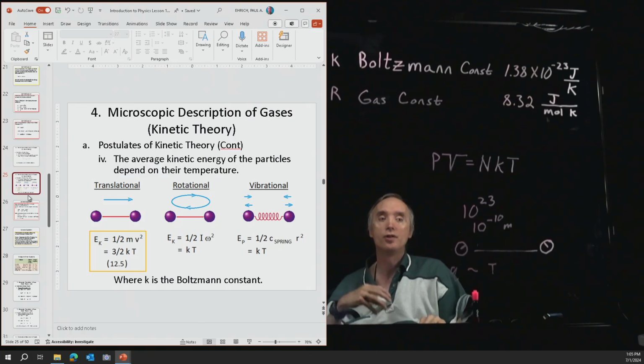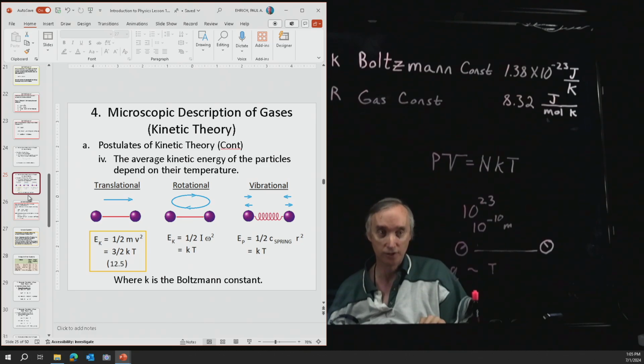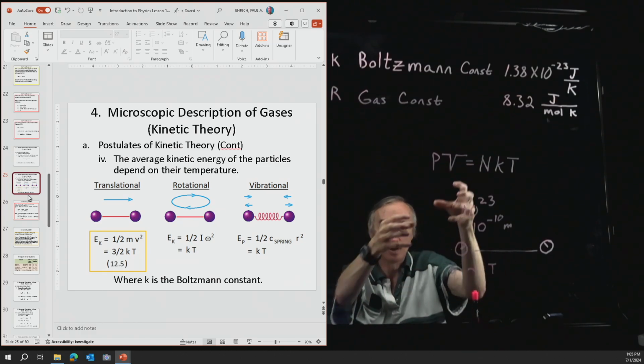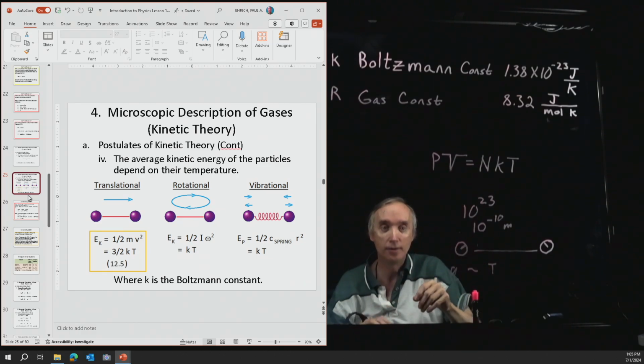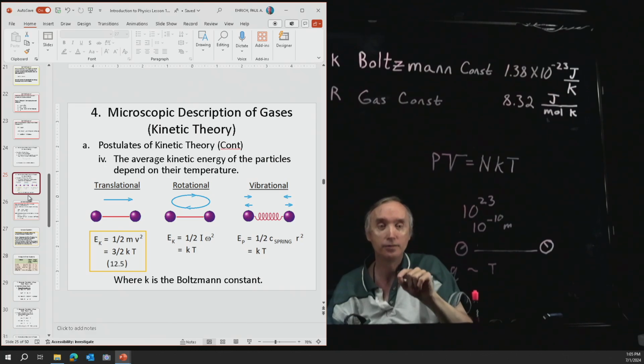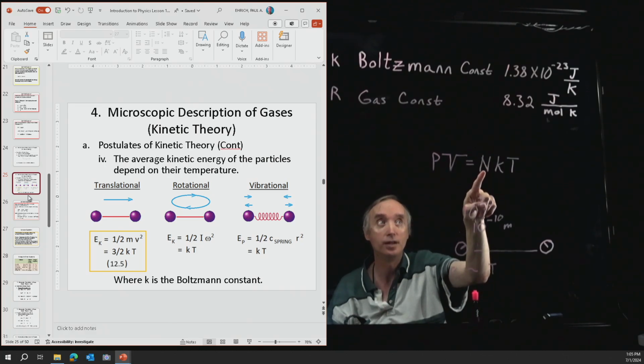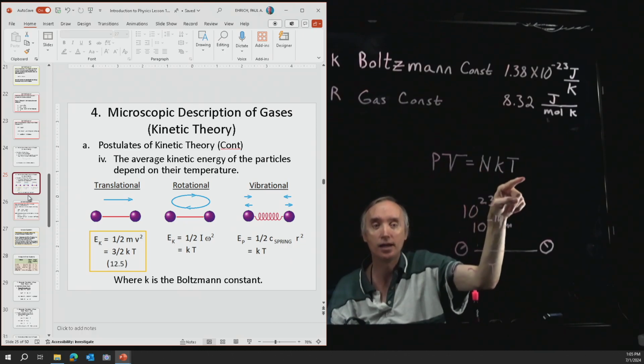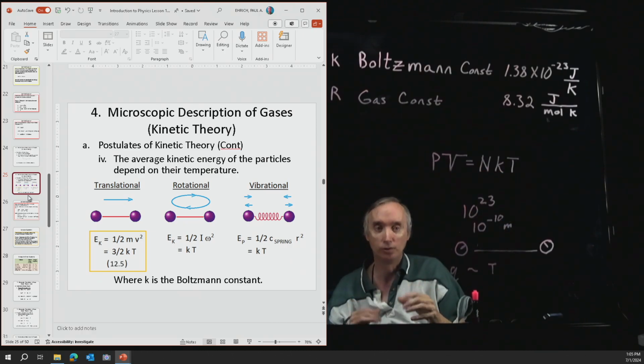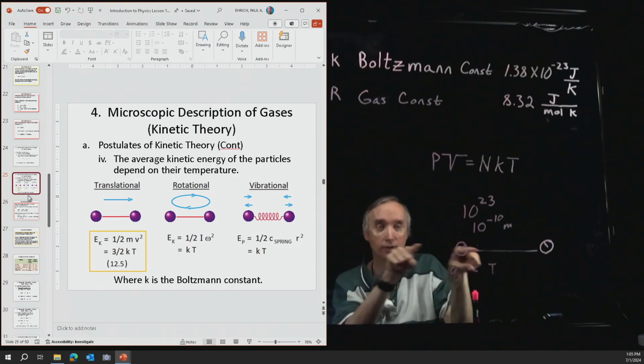And then if you want to know the total energy of all of those molecules moving around, then multiply that by N, capital N. So capital N times 3/2 kT would then be the total kinetic energy of molecules when they're moving around.